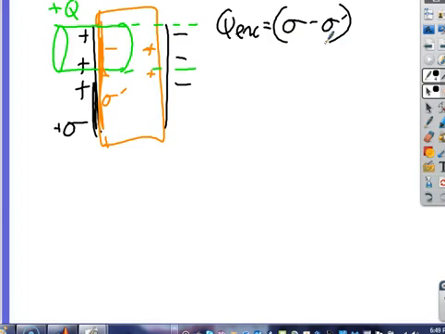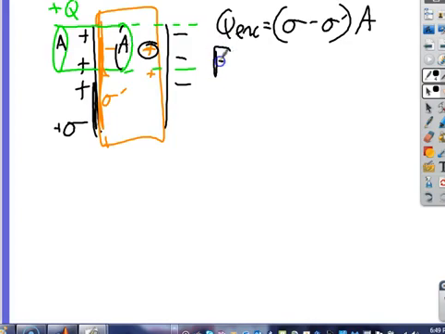We're assuming the charge densities we're using are positive. I could very easily just be talking about that side as well. Times A, the area of my Gaussian surface, because that's the area of charge I'm enclosing on the plate and the dielectric, so I can just factor that out.